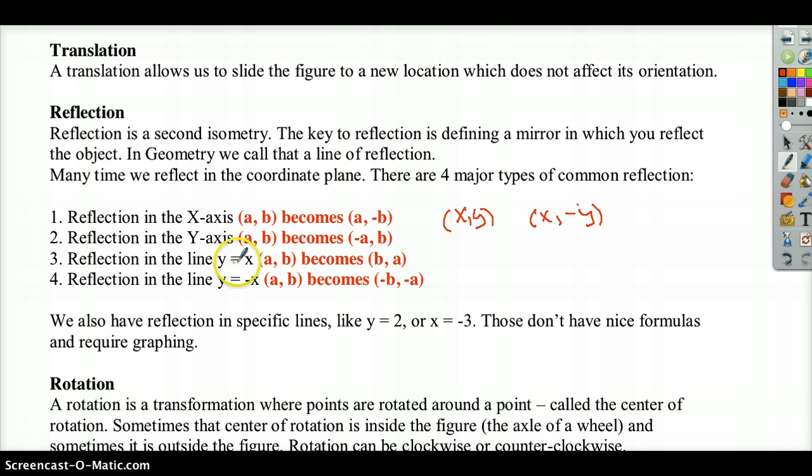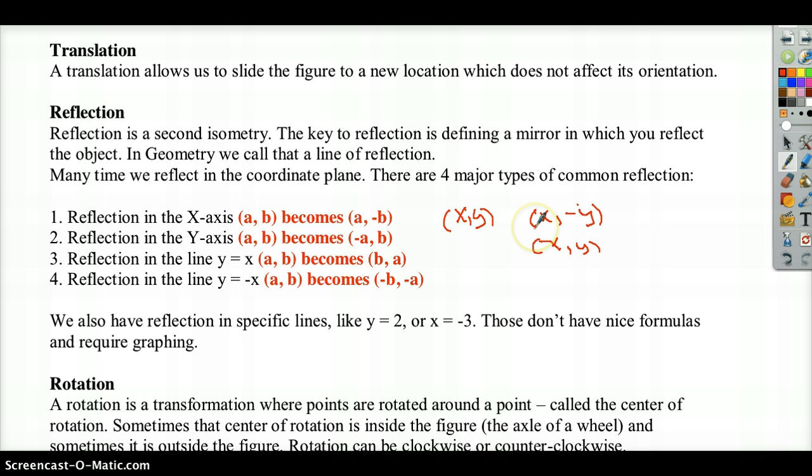We do the same thing if we're reflecting in the y-axis. We're looking at x and y, and here x becomes the opposite. If x is positive, it becomes negative, and y remains the same.